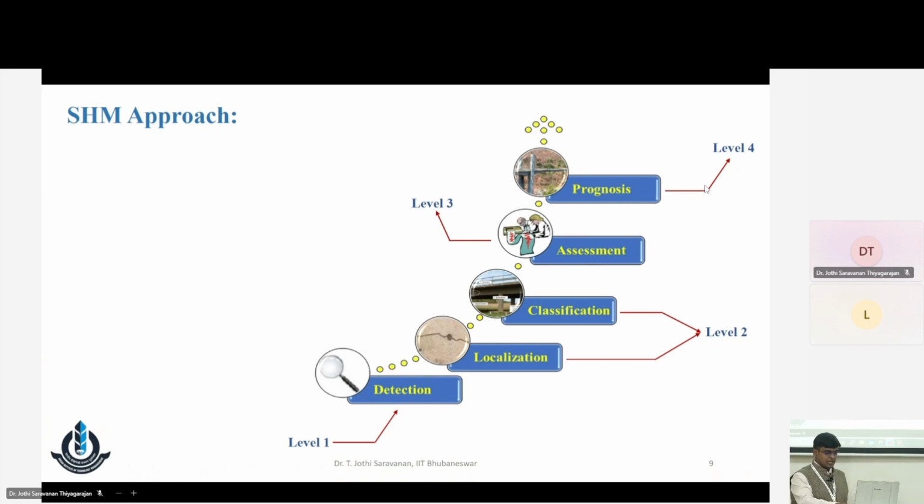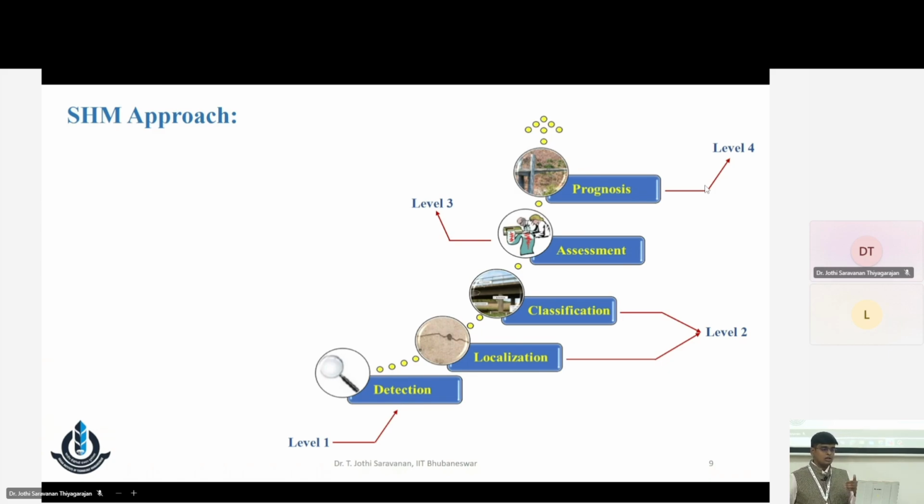There are certain levels. The first one is detection, then comes localization. Identification is what is called localization, going from the bottom to top. Then you have classification, the type of damage: crack, corrosion, spalling of concrete, rebar exposure, all those things. Then you assess how much the damage is.